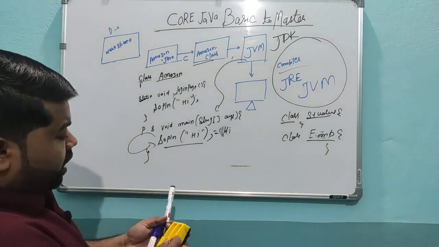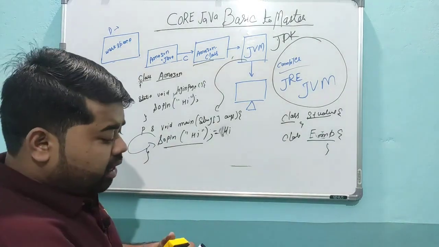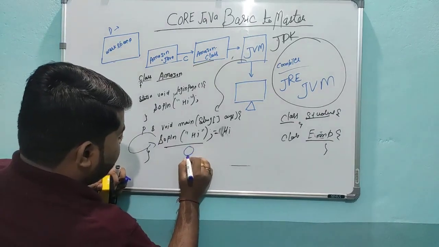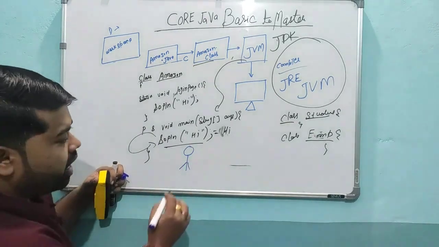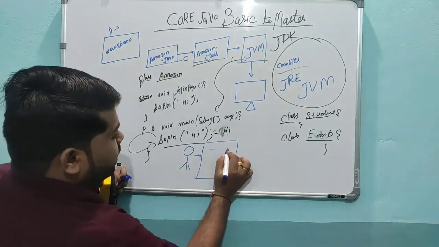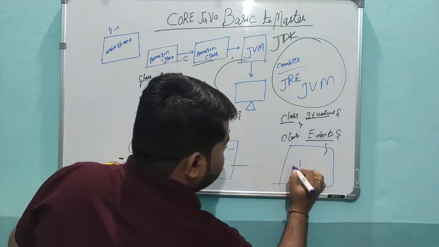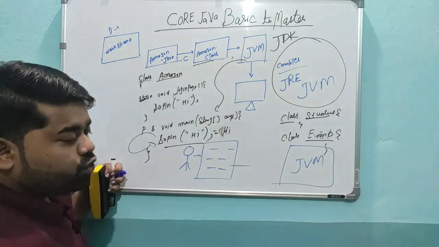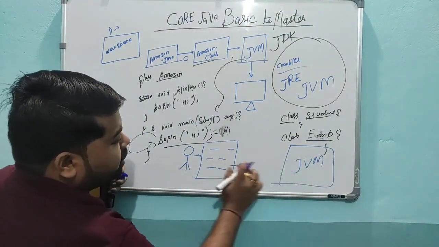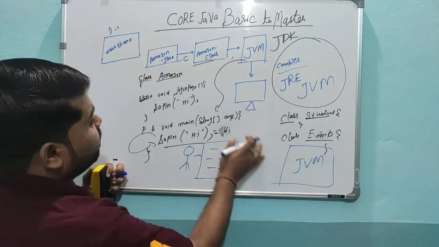Here we are the users, and you are the developer, writing the code in any editor. And this is your JVM. When you have written the code, how do the JVM and users interact?